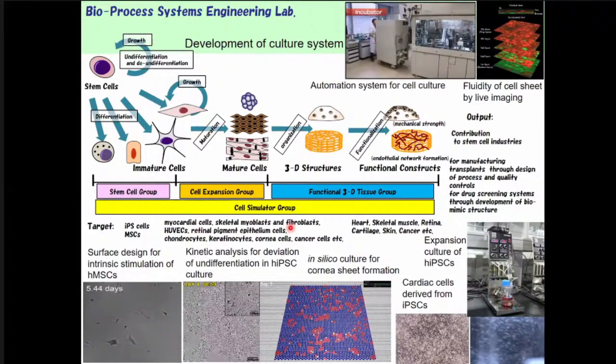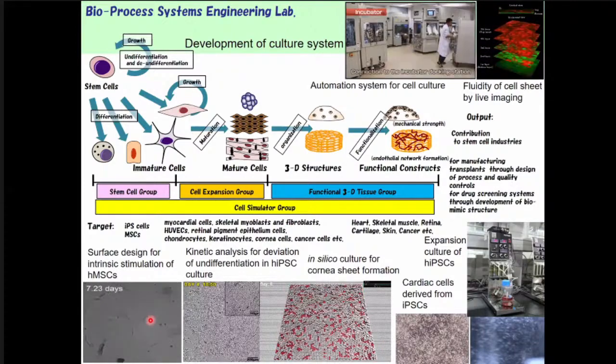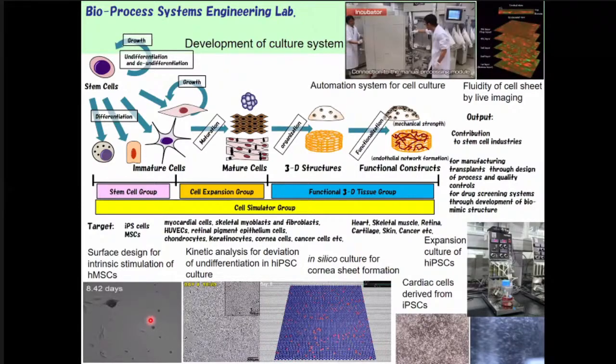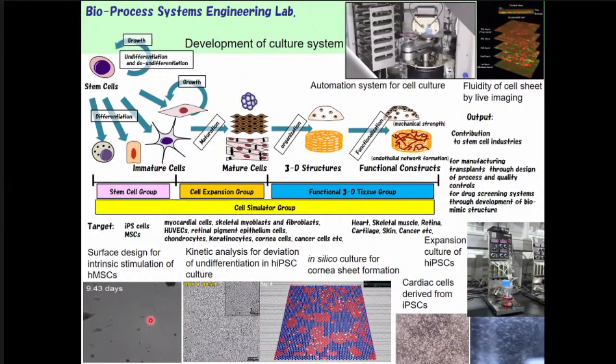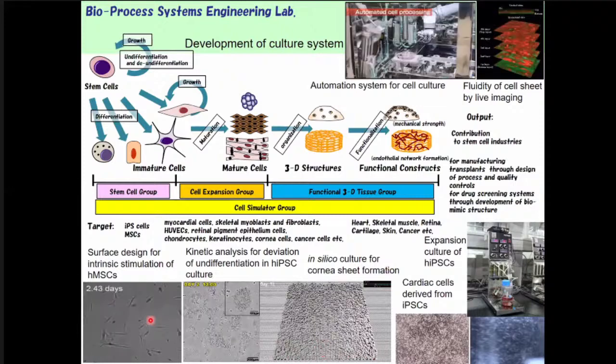This is a mesenchymal stem cell culture. You will see the very unique shape of the cells during the culture, because we developed a surface for the intrinsic stimulation of the mesenchymal stem cells. At the moment I will not go into detail, but if you're interested, please contact me.